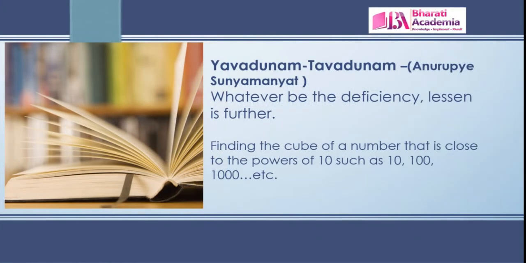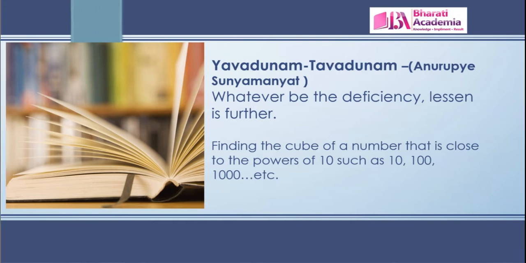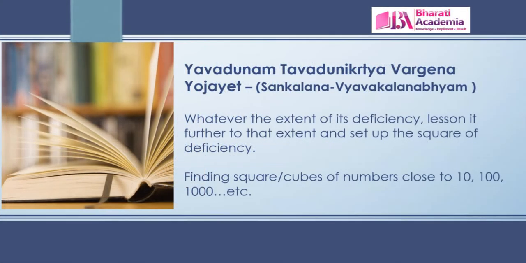Yavadunam Tavadunikritya Varga Yojayet. Parent sutra is Anurupye Shunyamanyat. It means whatever be the deficiency, lessen it further. Finding the cube of numbers that are close to powers of 10, such as 10, 100, 1000, etc. Yavadunam Tavadunikritya Varga Yojayet.